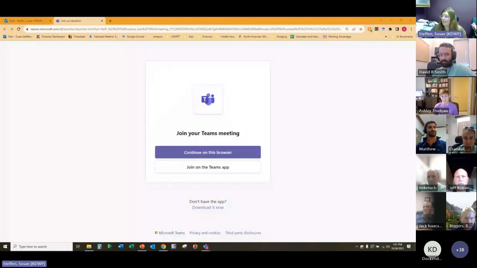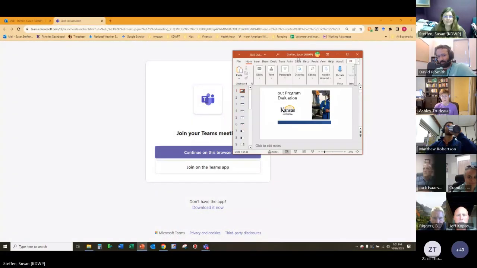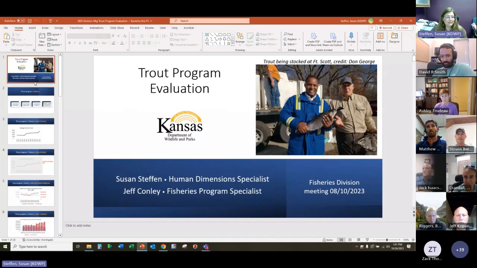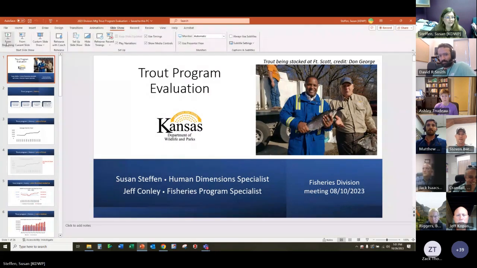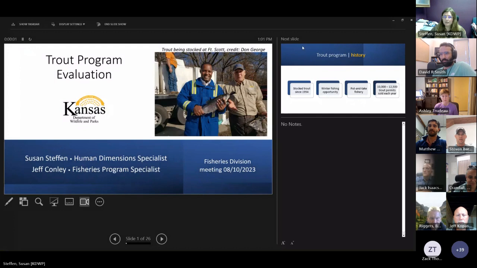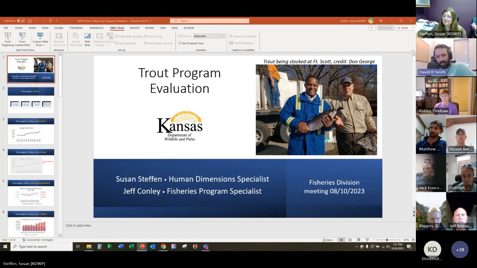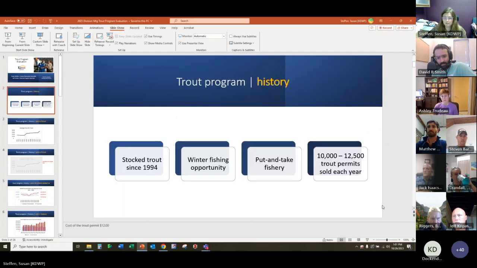Great. I'm going to enable my screen here. Are you seeing the presenter slide? I see the note slide. I see the presenter slide, so you might want to do the other one. Darn it.